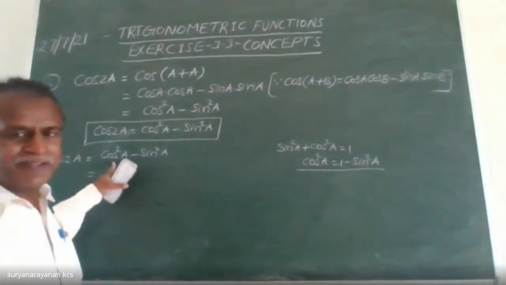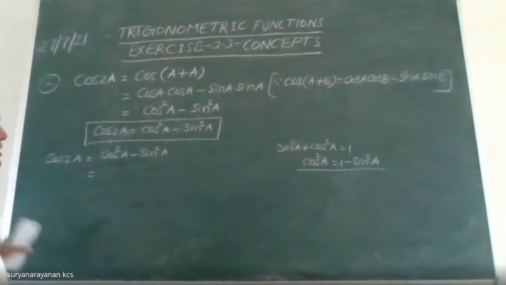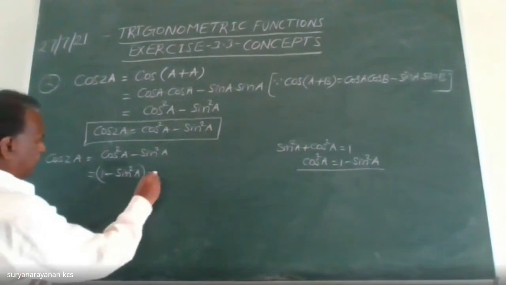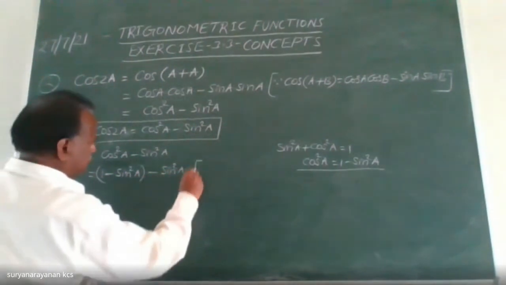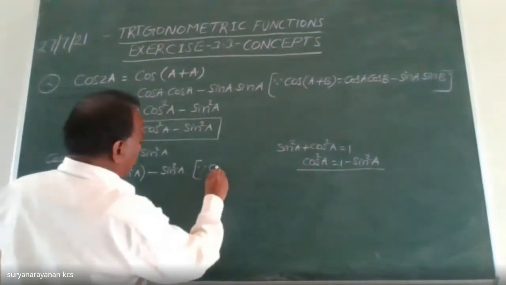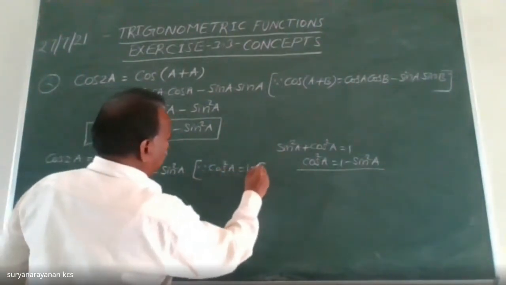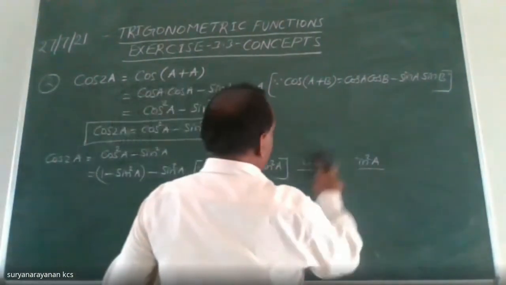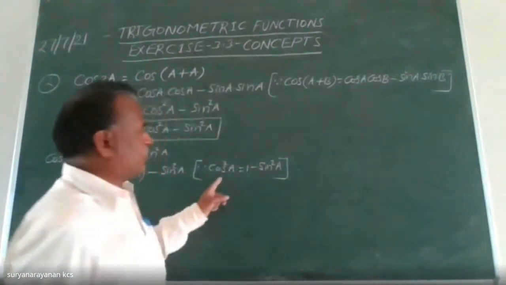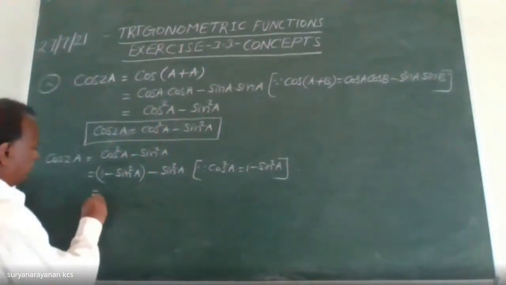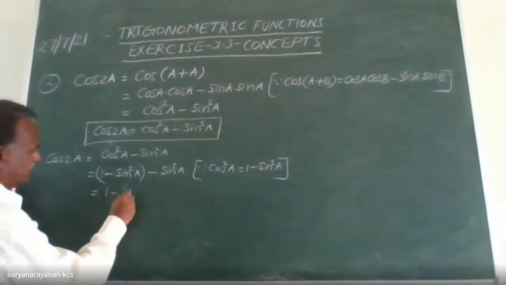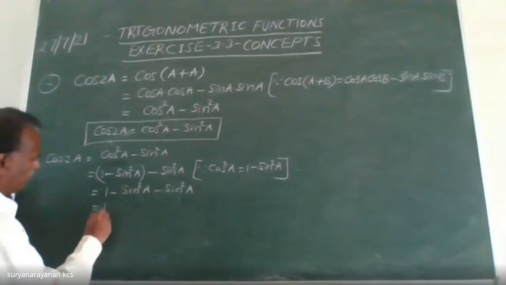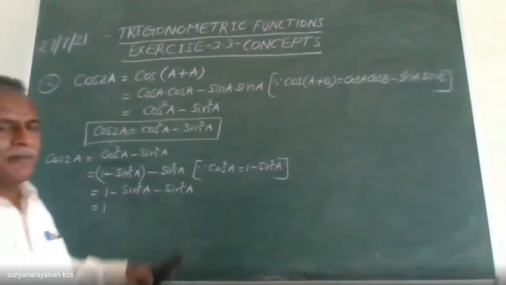So here, in the place of cos square A, we write 1 minus sin square A. 1 minus sin square A minus sin square A. Because cos square A is equal to 1 minus sin square A. By simplifying these terms, that is equal to 1 minus sin square A minus sin square A.